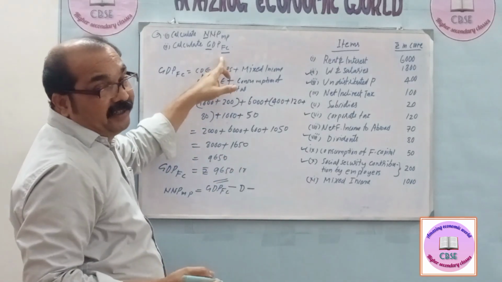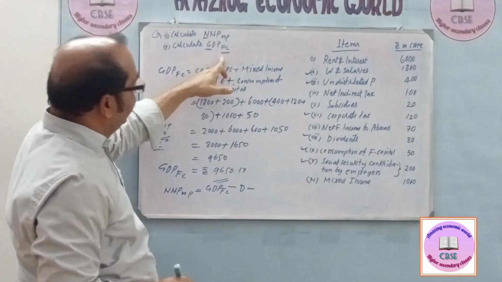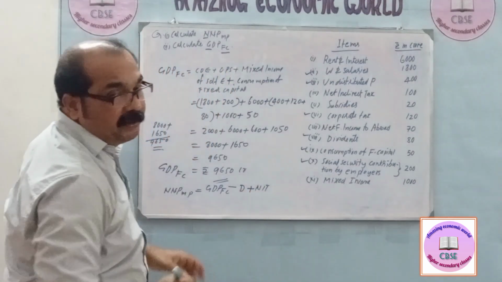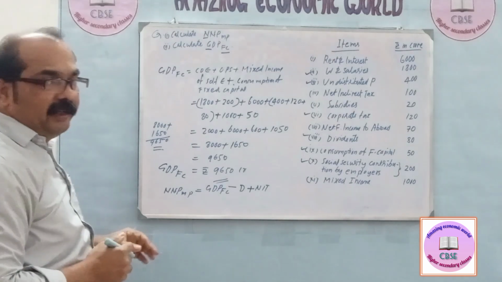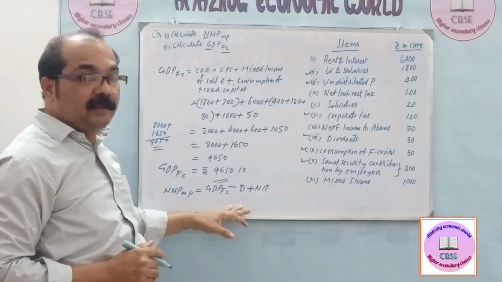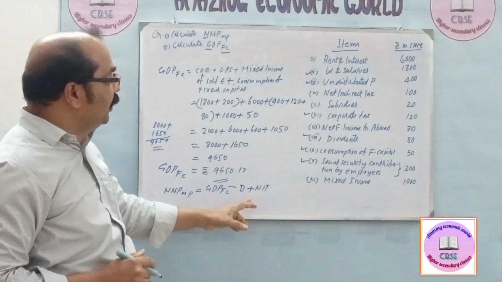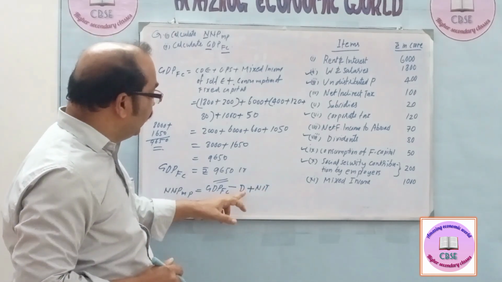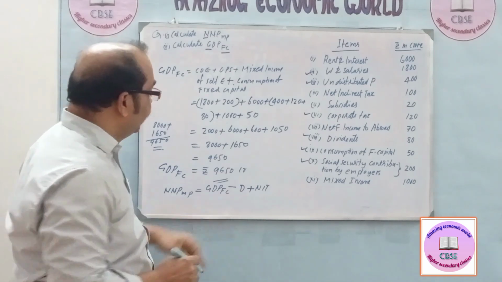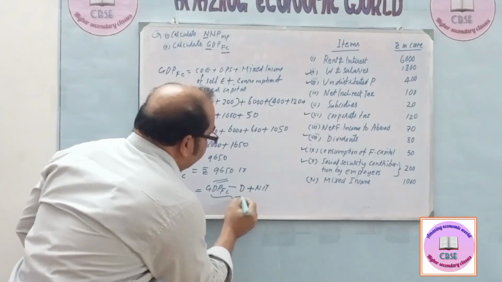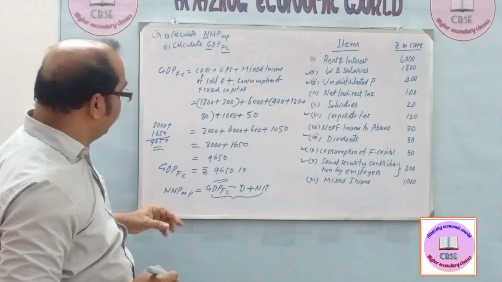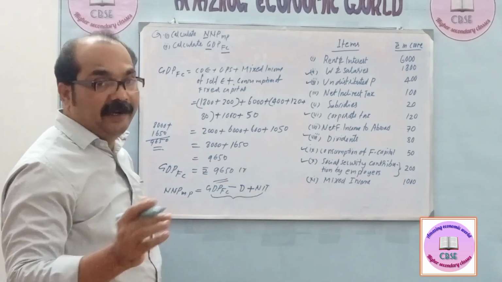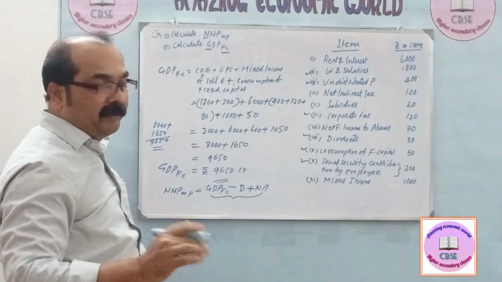By adding NIT, net indirect tax. What is net indirect tax? Indirect tax minus subsidies. Then up to here we will get NDP FC. So we can directly convert this into national income by adding NFI, net factor income from abroad.